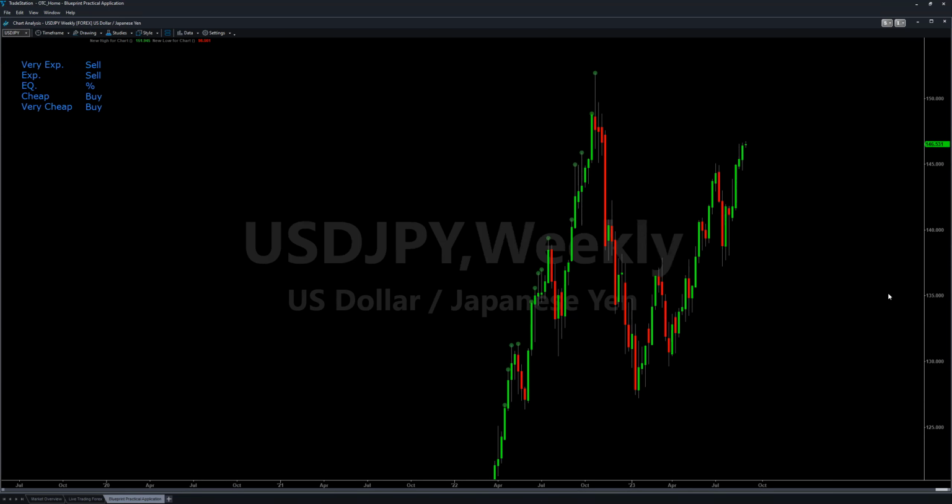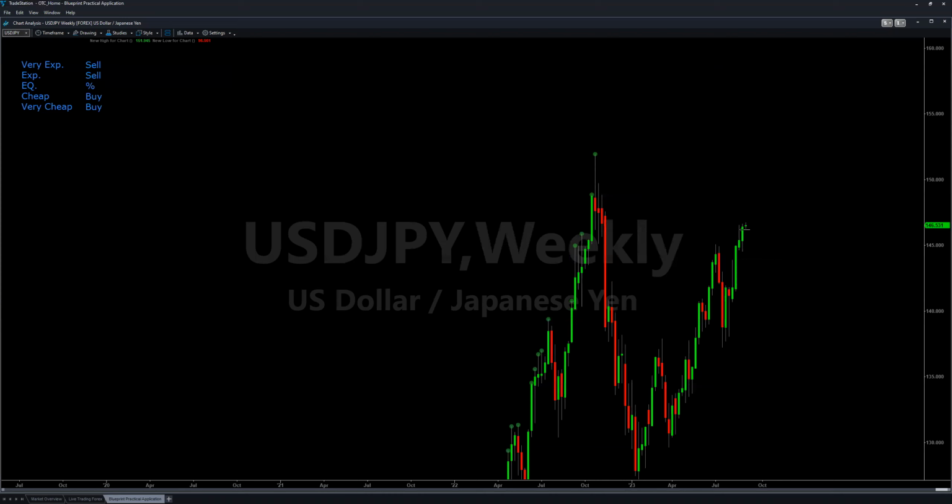We will start with the location. We use the horizontal line, and for example, we will start with supply. You can also start with demand. For supply, we are looking above the current price and to the left for supply areas.